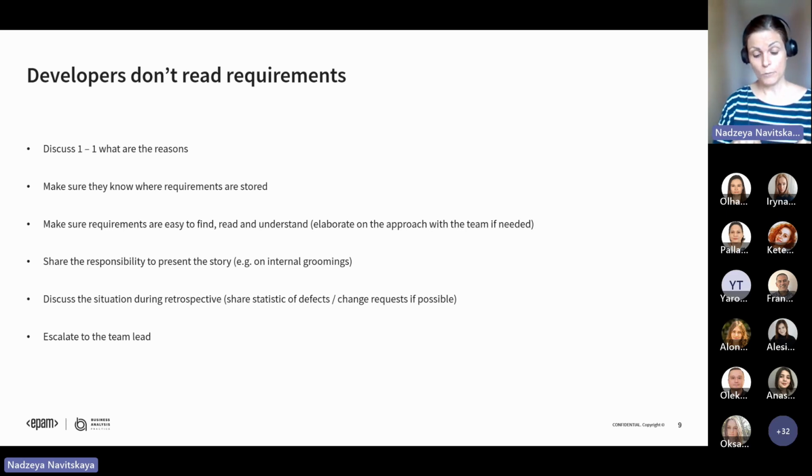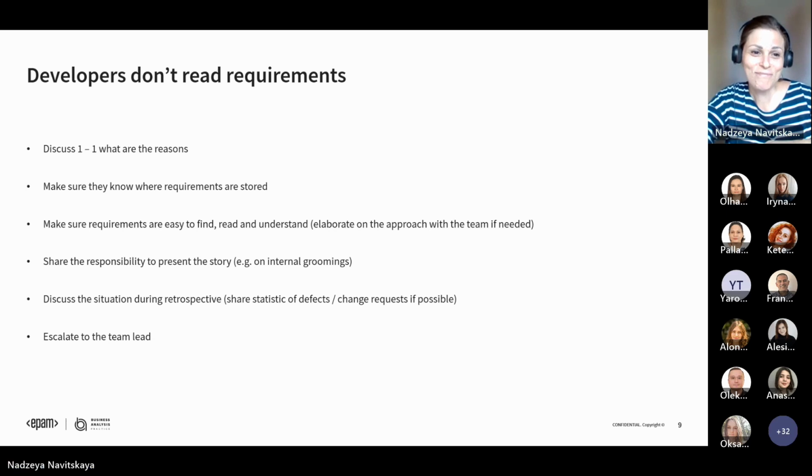So what I put in the header of the story, that he did. He never read the description of the story, acceptance criteria, and so on. And I was like, oh my God, how is it possible? But it was his strong opinion that everything that has to be done in the story fits in the header of the story. So no comment about that.